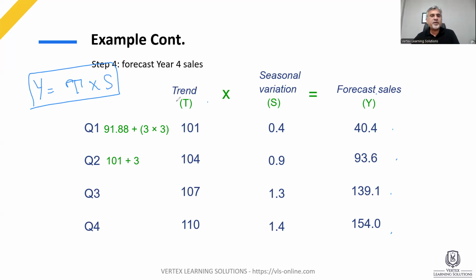If you are using the additive model, then you don't have to multiply, you have to add trend and seasonal variations. We are using the multiplicative model, so we just need to multiply them. And this is mostly used for exam purposes. Okay, multiplicative model of time series analysis.